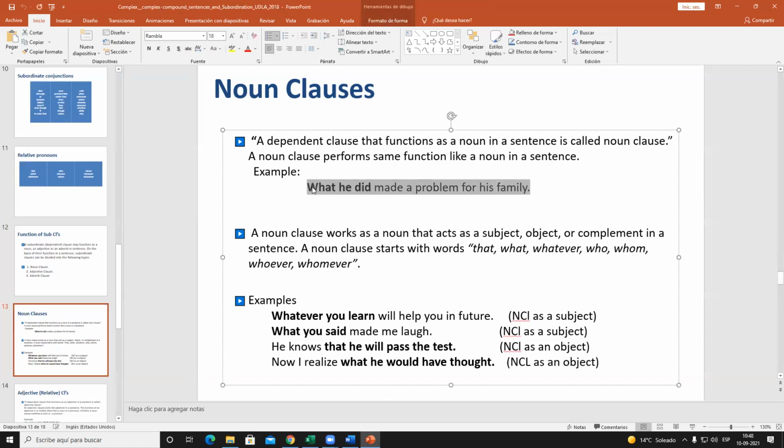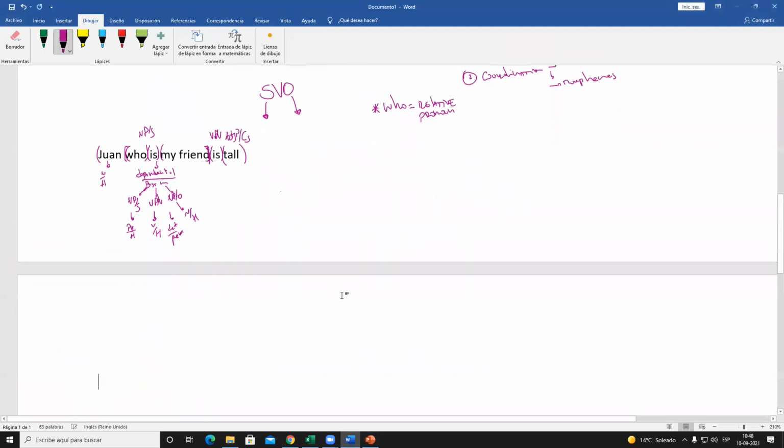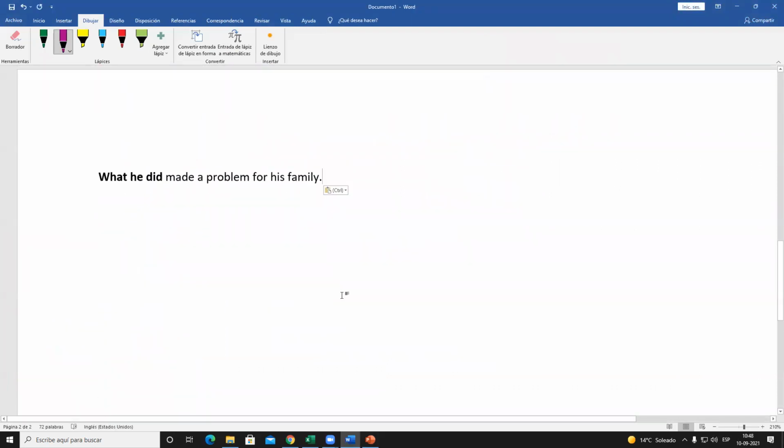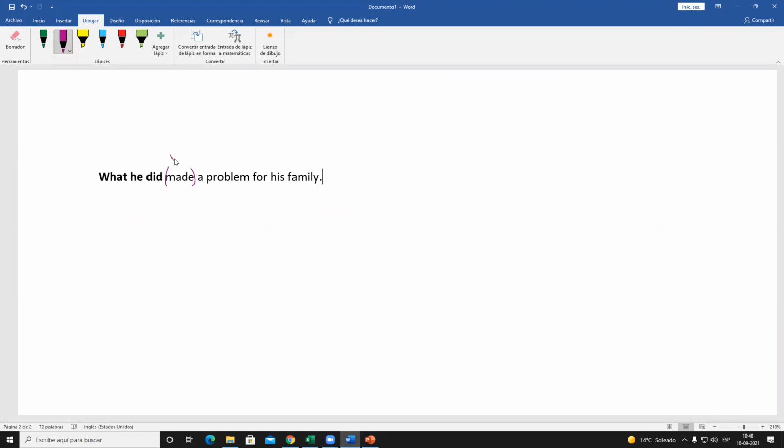And as you can see in this example, made is the verb phrase. What was made? A problem. For whom? For his family.